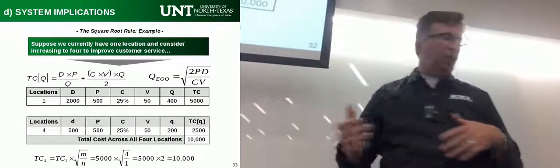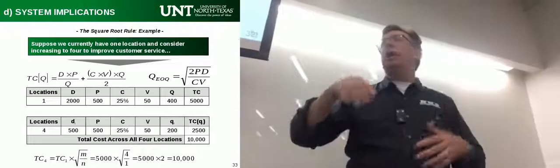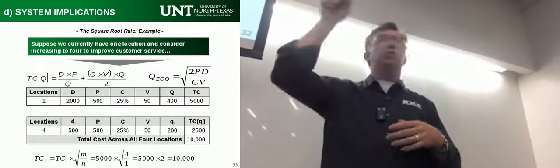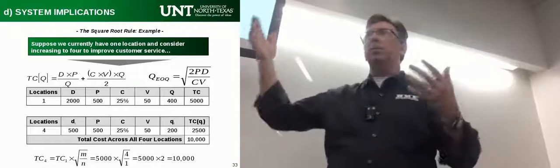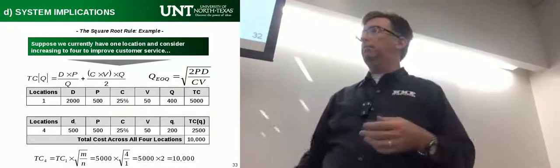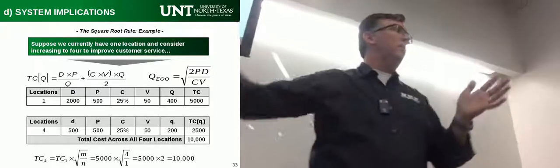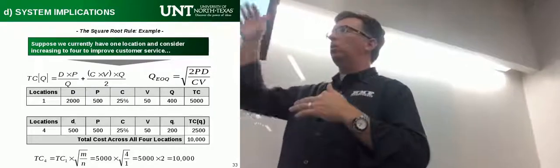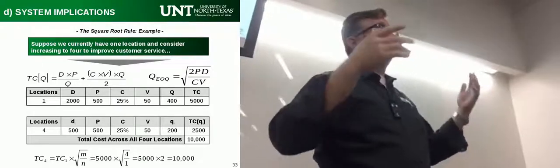If I was scaling from 9 locations to 25, it would scale by the square root of 25 over 9, right? So it would be 5 over 3, or about 1.67. So it's not going to scale by 16. It's not going to even scale by 2.5. It's going to scale by the square root of 25 over 9, which is 5 over 3.